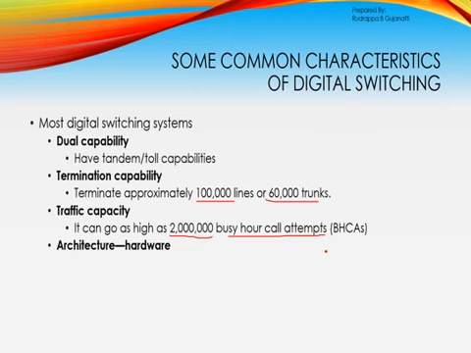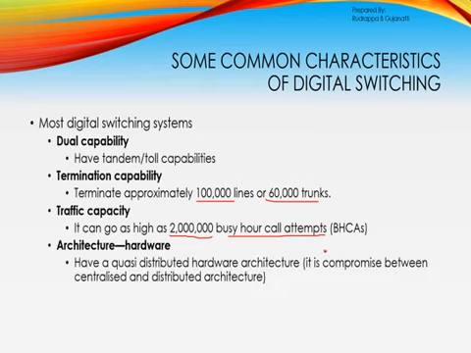Then next comes the hardware architecture, that is whatever hardware architecture we had discussed previously. It should adhere to at minimum those facilities which we have discussed. Now another parameter to look at is that the architecture is quasi distributed hardware architecture. What is meant by quasi distributed hardware architecture is that we can first have two kinds of architectures, one central and one distributed.